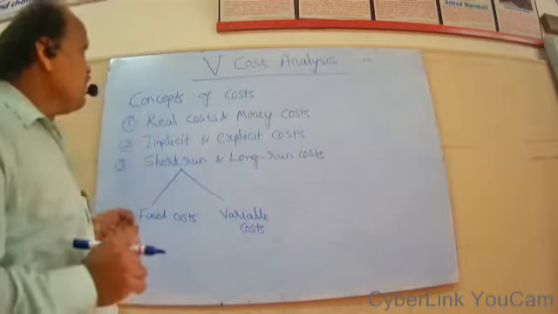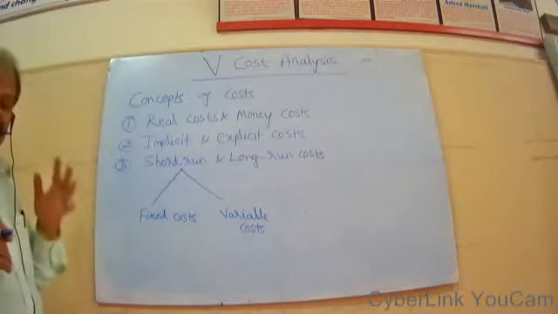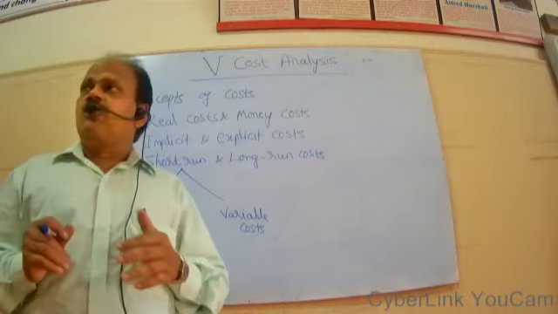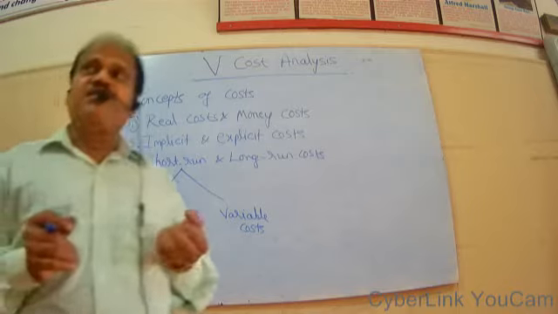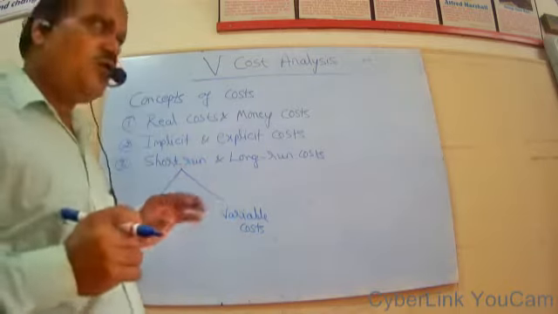So first of all, what do you mean by cost of production? Cost of production refers to the expenses incurred in the production of a commodity or a service.